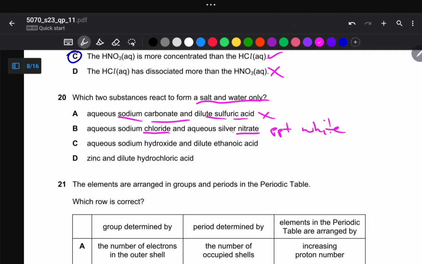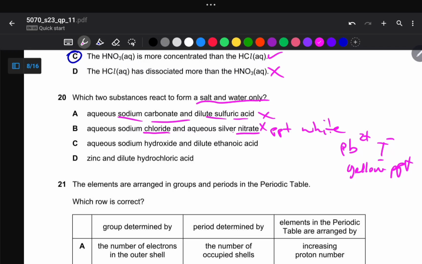You need to know this test for silver chloride, and then the tests for the bromide and the iodide ion. The iodide ion gives a yellow precipitate with the lead(II) ion, Pb2+. So I need someone to tell us the color of the bromide precipitate, right? So this one becomes false.